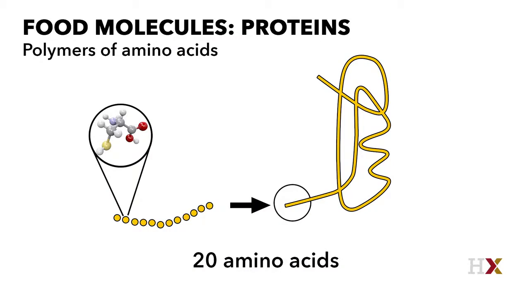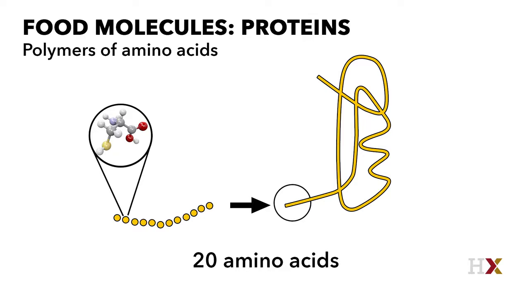So what is a protein? A protein is also a polymer. It's a polymer in the same way that the starch molecules that I described before are polymers, except in this case, instead of the monomers all being identical, for example, being a glucose or a simple sugar molecule, proteins are polymers of amino acids. And it turns out that there are 20 different types of amino acids that compose the proteins that are part of life as we know it.